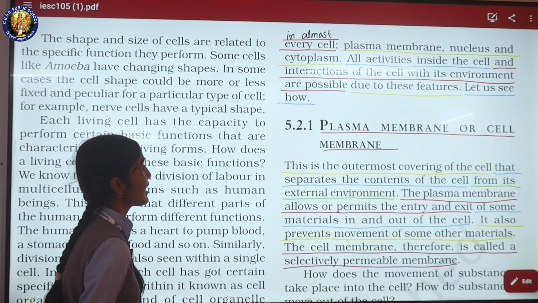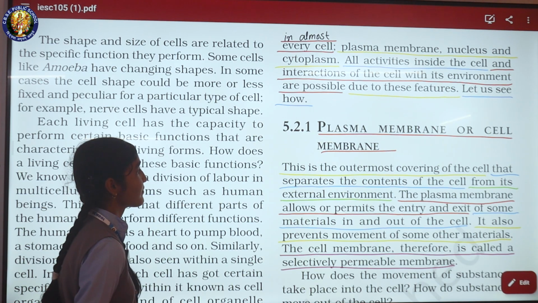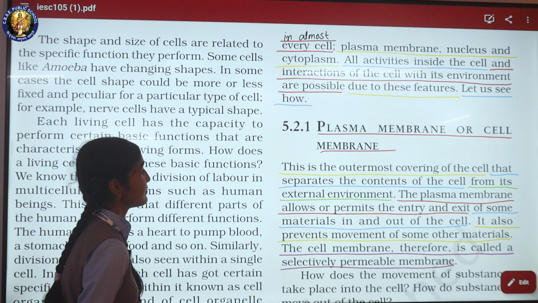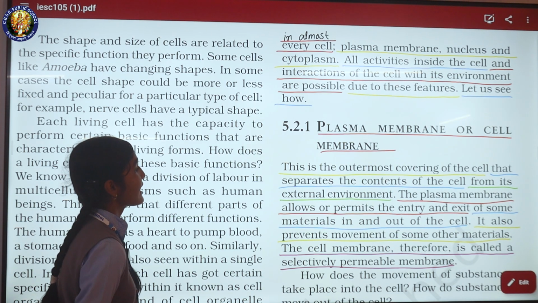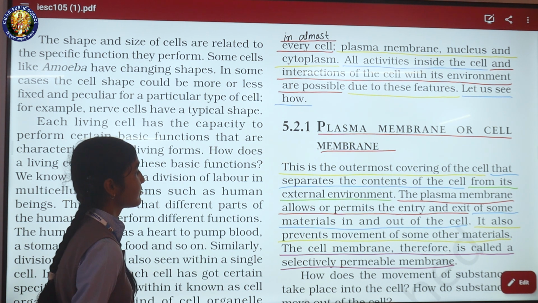Plasma membrane or cell membrane. This is the outermost covering of the cell that separates the contents of the cell from its external environment.